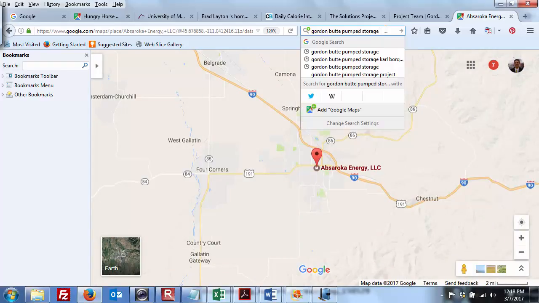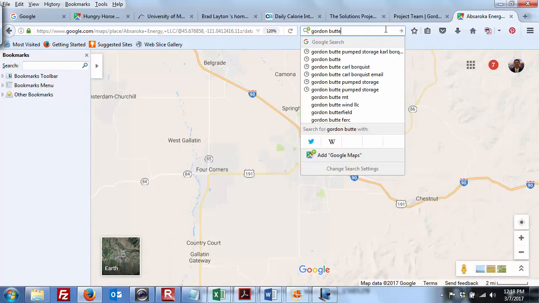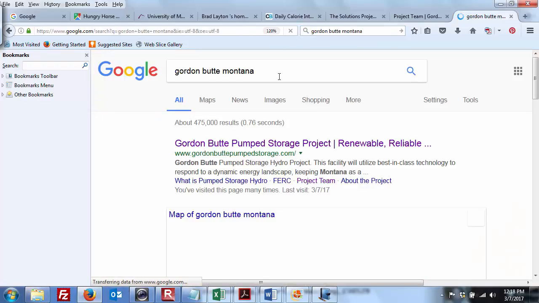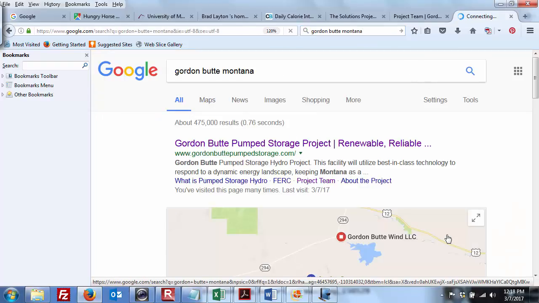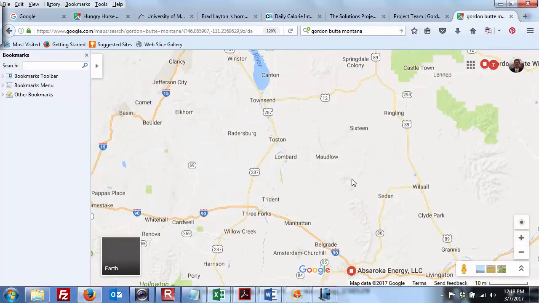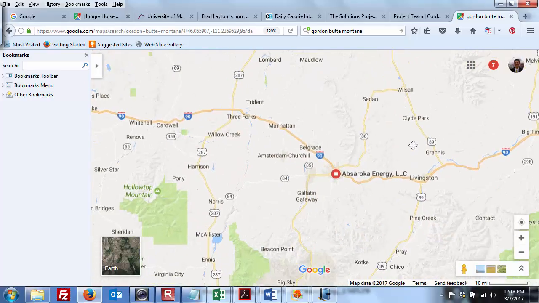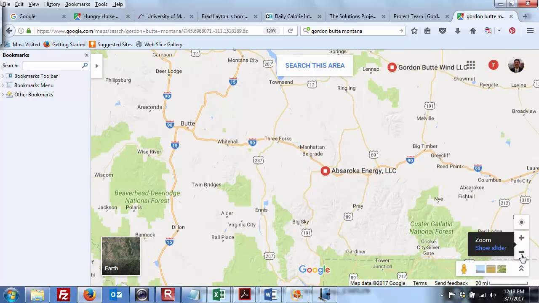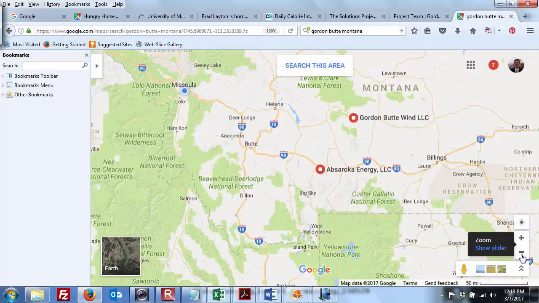Let's just do Gordon Butte. And really, the driver, though, and this is where integration becomes that much more important, is... So yeah, there's Helena. Here's Bozeman. It's almost equidistant from Helena, Bozeman, and Billings.